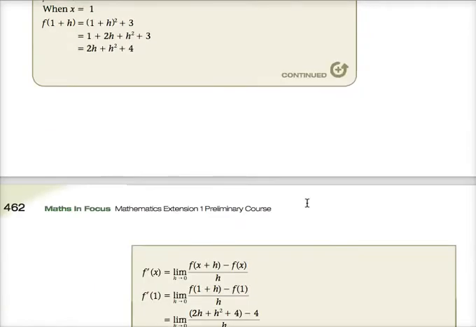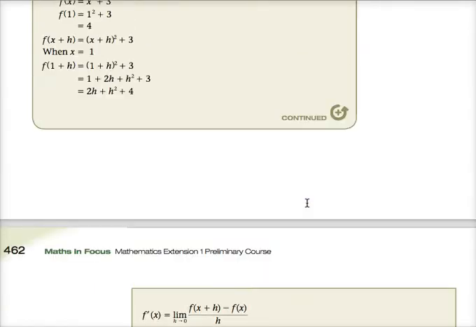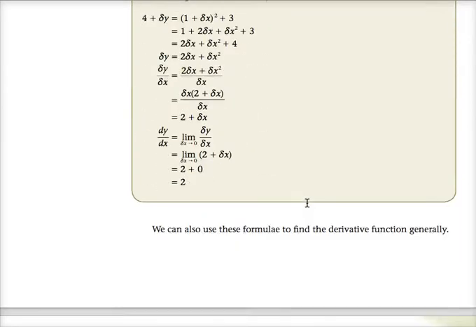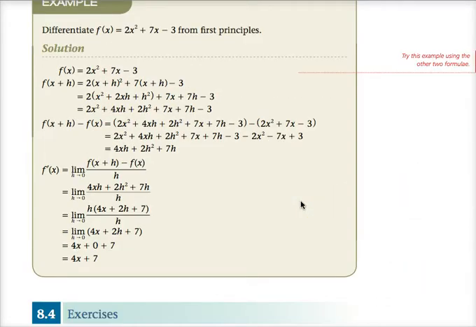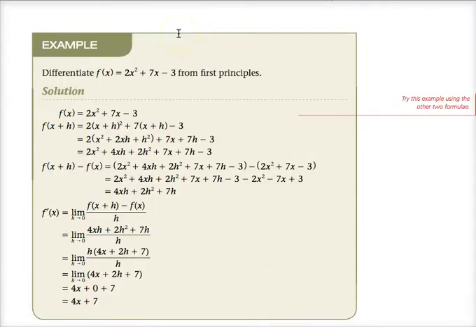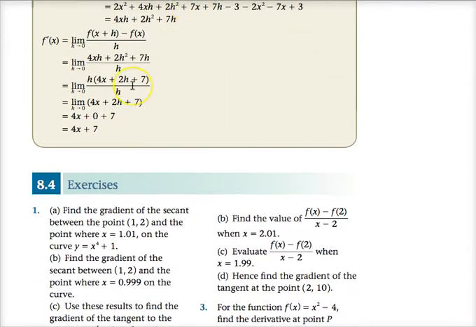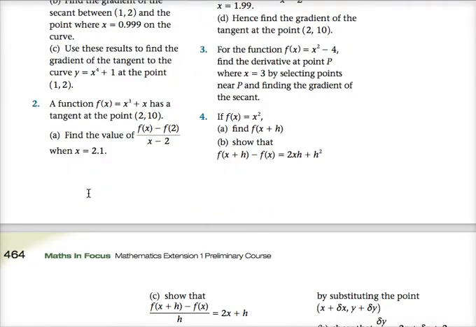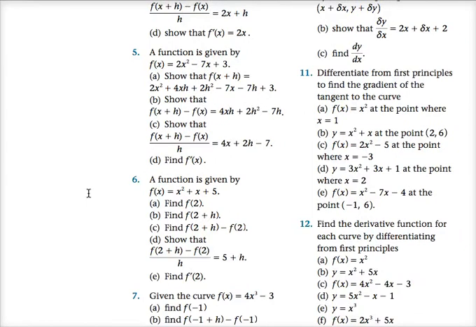The method that we're really going to use is method 2, but we're not substituting in any values yet. So we're just going to be looking at, if you look at this example here, differentiating this from first principles, such as on page 463, this example here. That's what we're going to be doing in this exercise, only questions like that, okay? There are other types of questions, but we're not doing them yet.